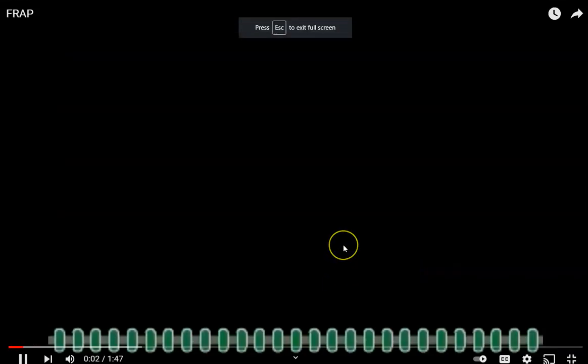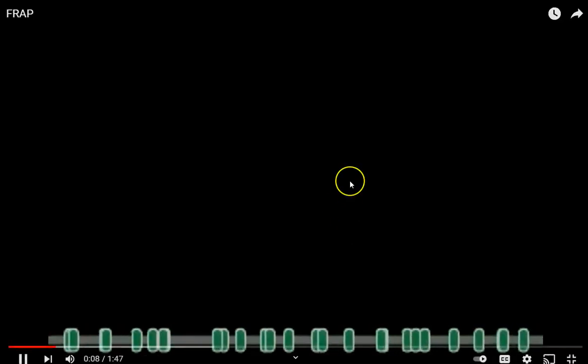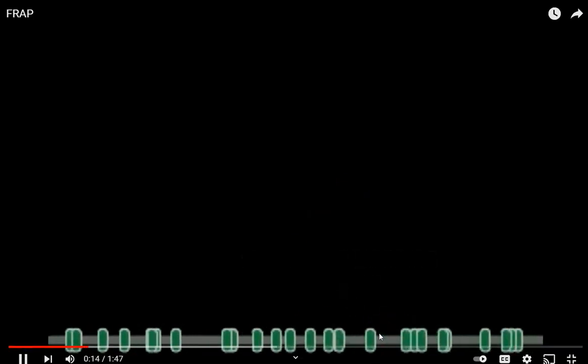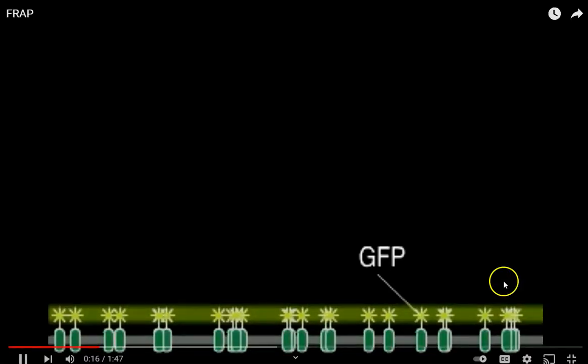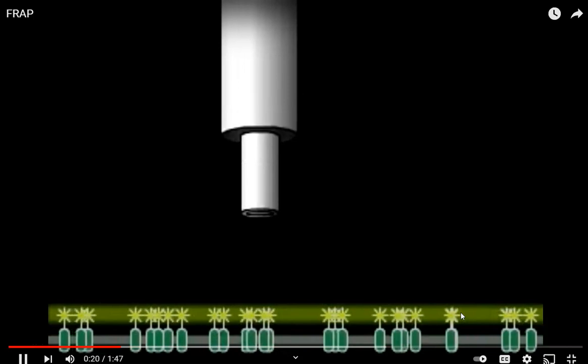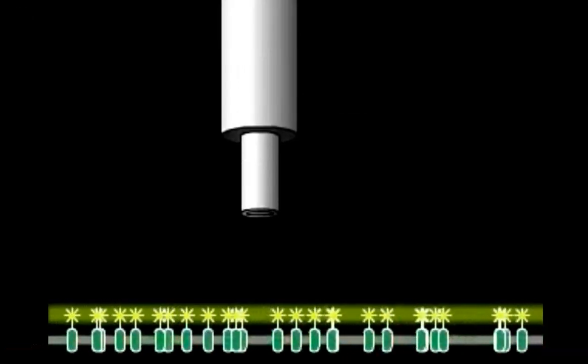Skip the ad. The lateral mobility of membrane proteins can be measured in living cells by FRAP, which stands for fluorescence recovery after photobleaching. For this purpose, membrane proteins are often expressed as fusion proteins with the green fluorescent protein GFP and observed with a fluorescence microscope. A selected area of the cell is then bleached with a strong computer-controlled beam of laser light.